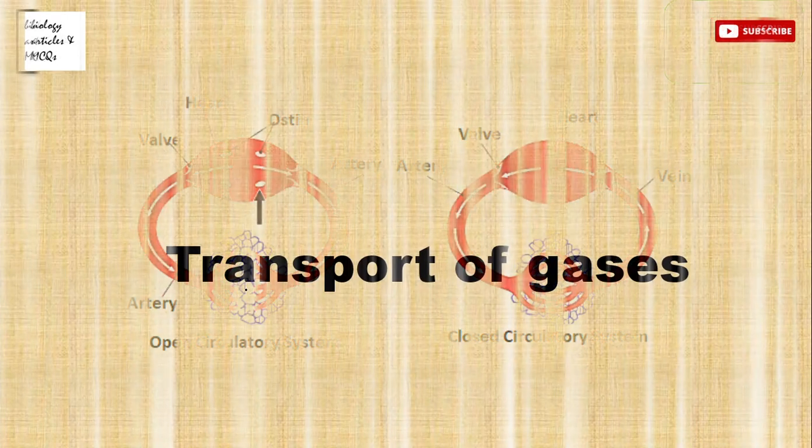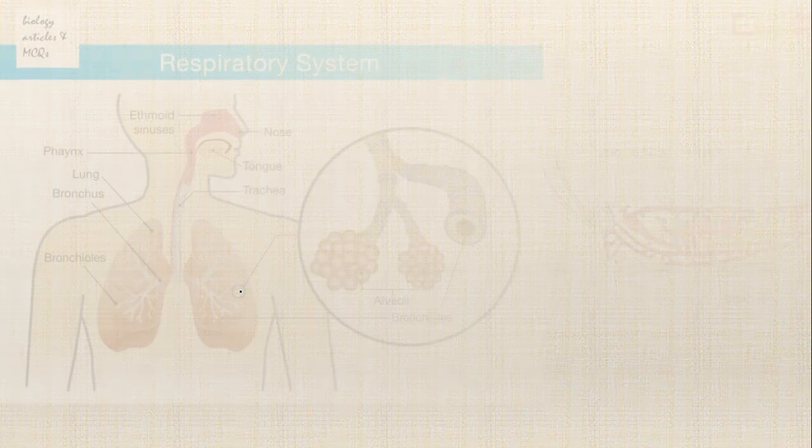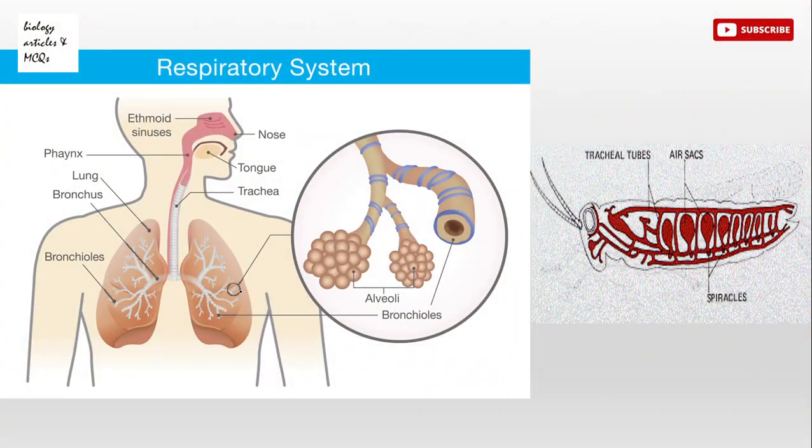So moving toward the third difference, which is the transport of gases. Guys, we know that in closed circulatory system animals, for example, human beings also have a closed circulatory system. We have our respiratory system interconnected with our circulatory system.